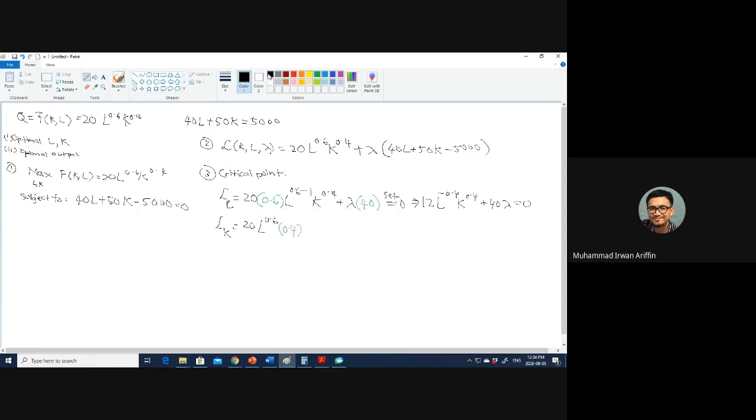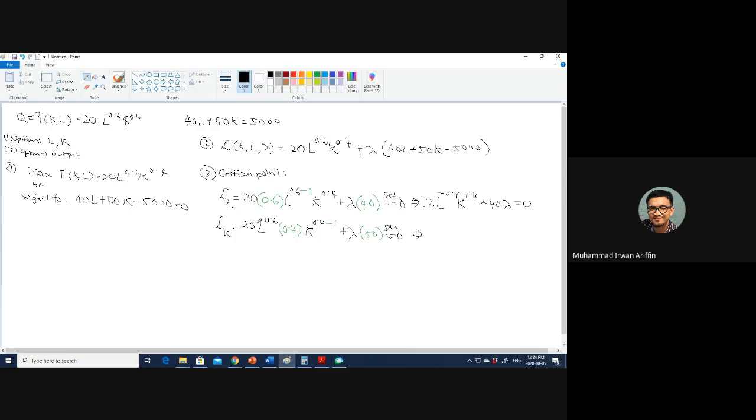And then I have my K to the power of 0.4, and then I have to subtract 1. And then plus lambda, because there is a K here, right? There is no K here, so this becomes 0. So multiply with 50. And this we're going to make equal to 0.